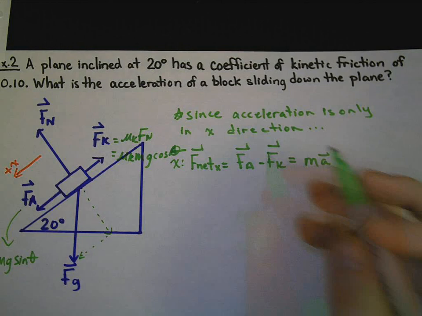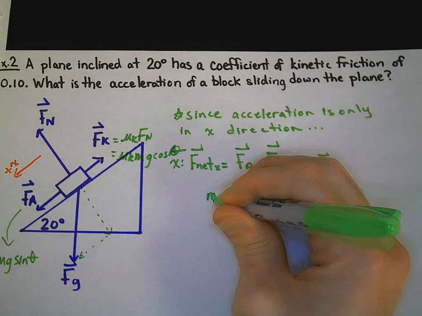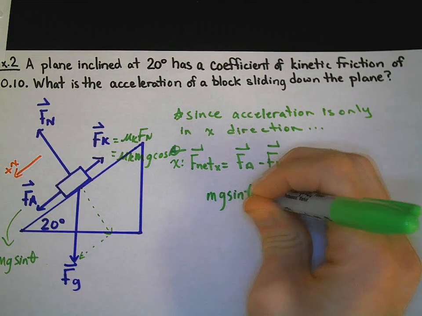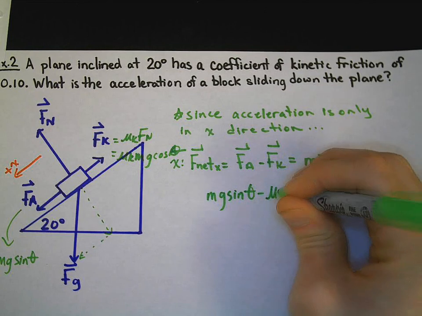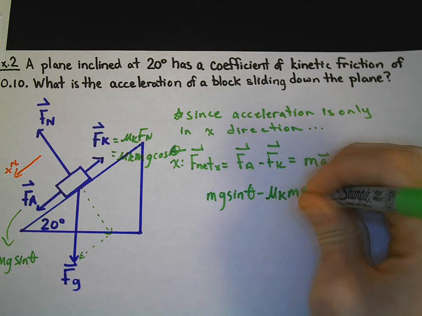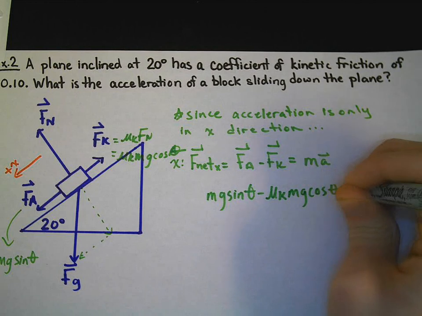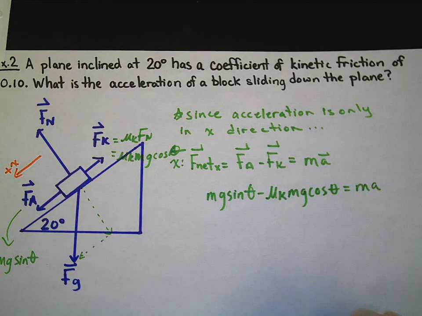So let us write in what we have: applied force mg sine theta minus mu k mg cos theta, and that's mass multiplied by acceleration.